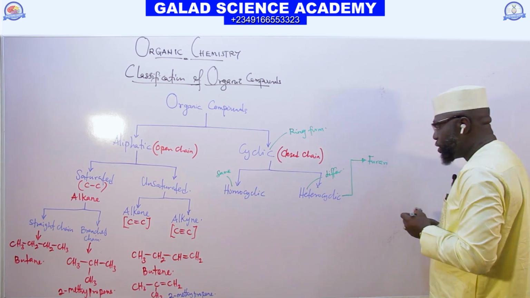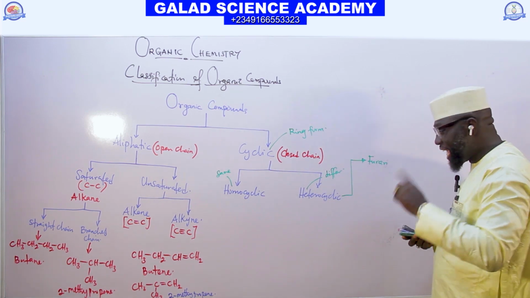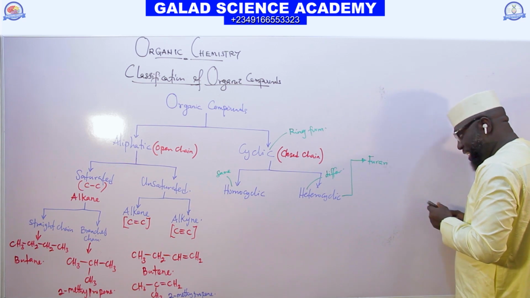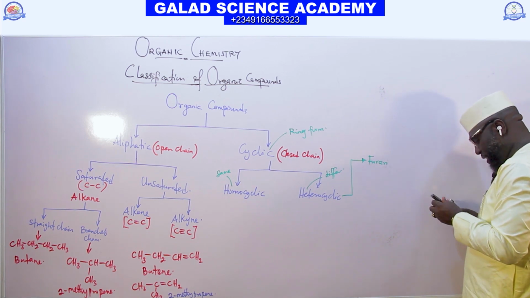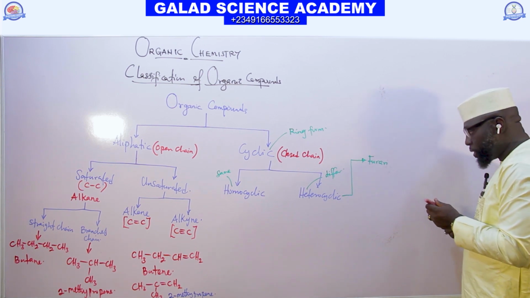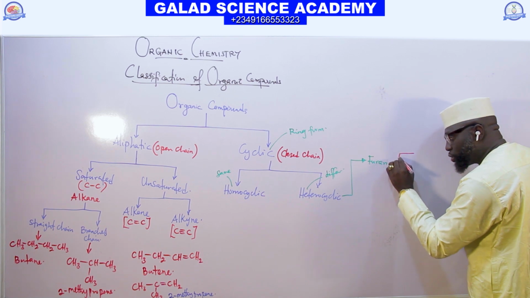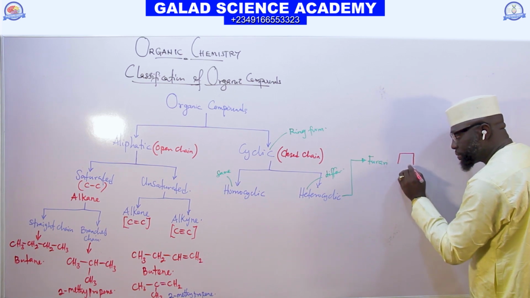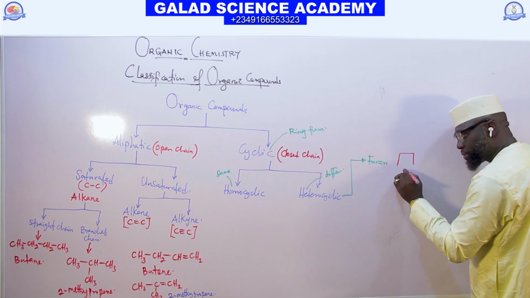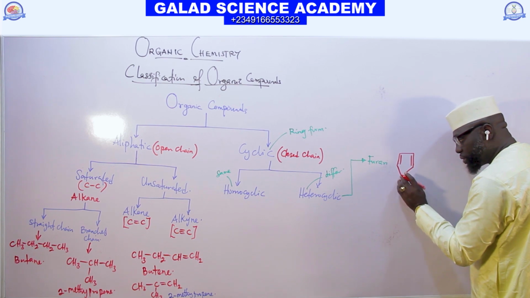Look at furan. Furan is an organic compound, a cyclic compound that contains carbon to carbon and other atoms. This is furan, with a double bond there, and we have it in this form.